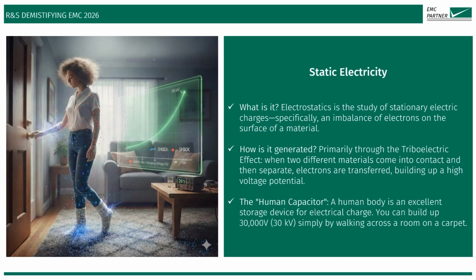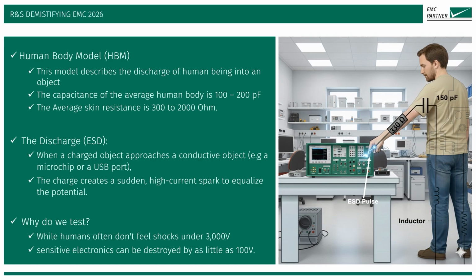That voltage sounds extreme, but the real danger is not voltage alone, it's the very fast, very high current discharge into sensitive electronics. In EMC testing, we model the human body using the human body model, or HBM. The average human body has a capacitance of about 100 to 200 picofarads and skin resistance between 300 and 2 kilo ohms.